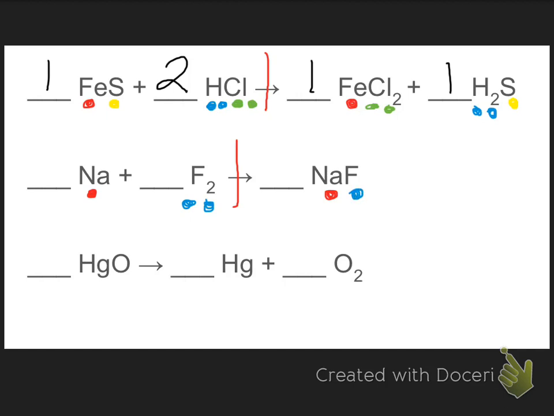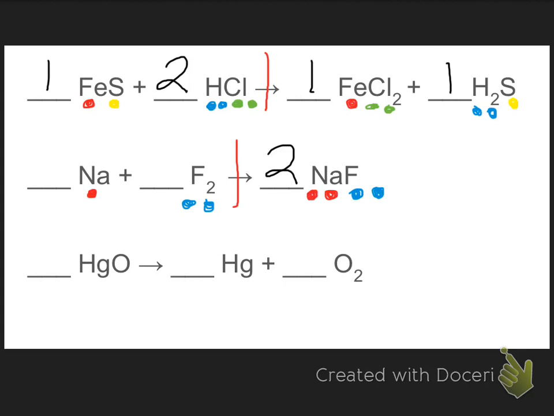So I need to balance on my right-hand side my smaller fluorine. I need that to increase to my larger one. So I'm going to put a 2, which means now I should have 2 fluorines. If you remember, that 2 in front doesn't just go to fluorine, it also goes to my sodium.